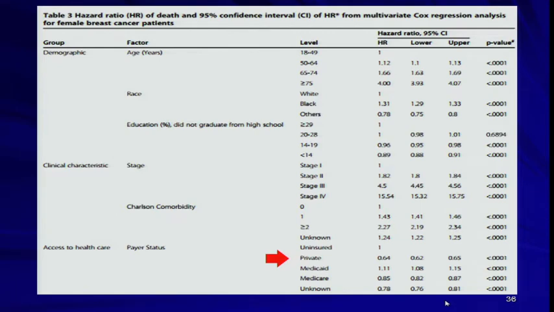And then, of course, survivorship is not only affected by stage, so we adjusted for age, race, education, and Charlson comorbidity, and we still looked at private insurance. You can say 36% are less likely to die compared to uninsured, so private insurance patients are actually doing much better.